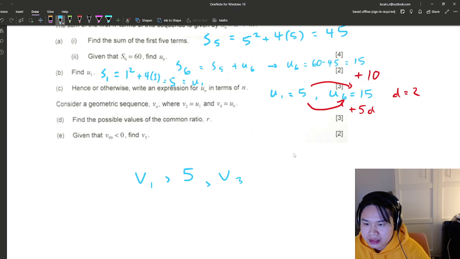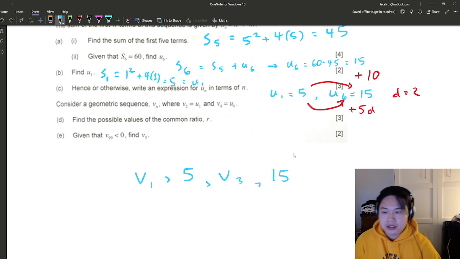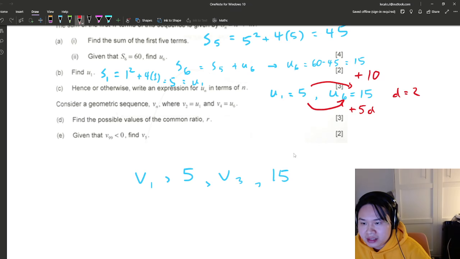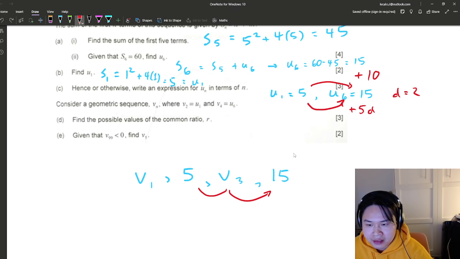We have V3, and then we have V4, which is the same as U6, which is 15, right? Okay, and then because this is geometric, to get to V4, we multiply by r twice, so this is r squared.